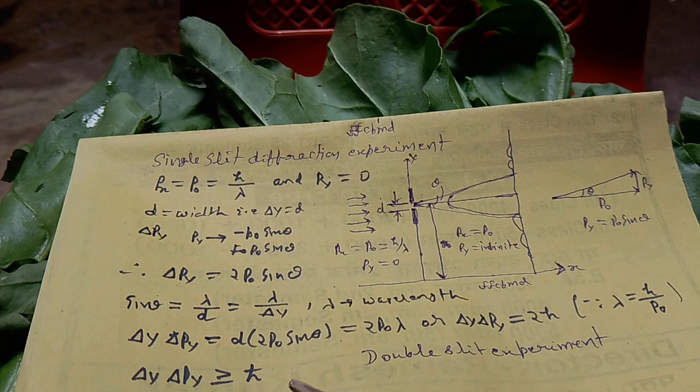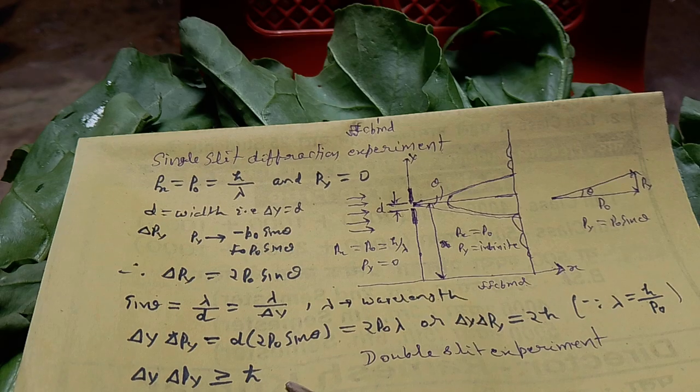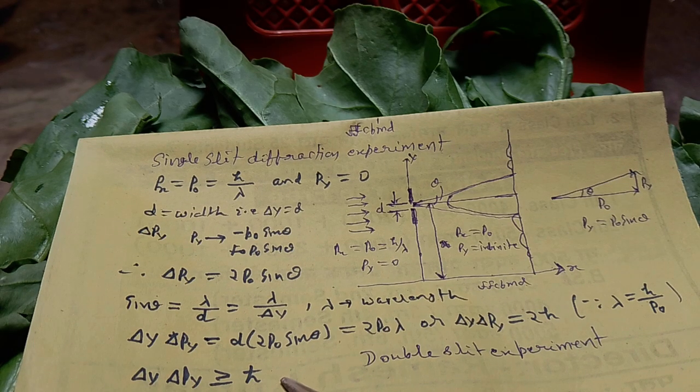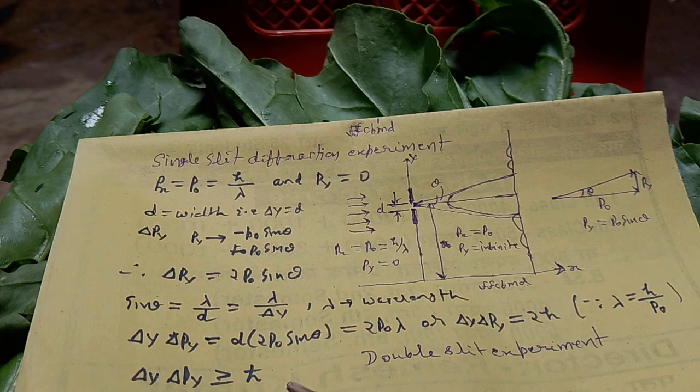Finally, next we are going to describe the double slit experiment. It is also a thought experiment, which is another milestone in establishing the uncertainty principle.